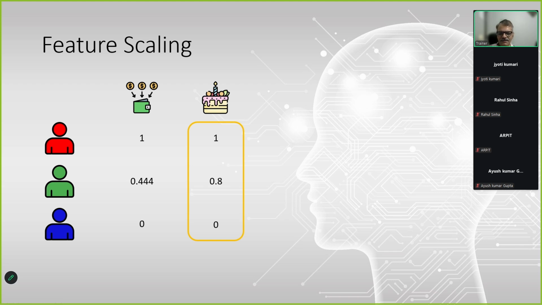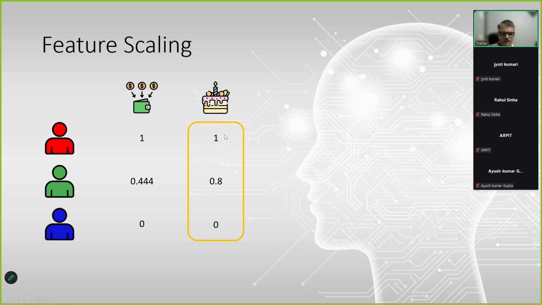Whereas in the age column, this green person is closest to the red person. If you see, it is closer to this. Here the difference is 0.2. Here the difference is 0.8. Am I right? This one is almost in the middle. But based on this, we can say green is closer to red because here the difference is only 0.2.